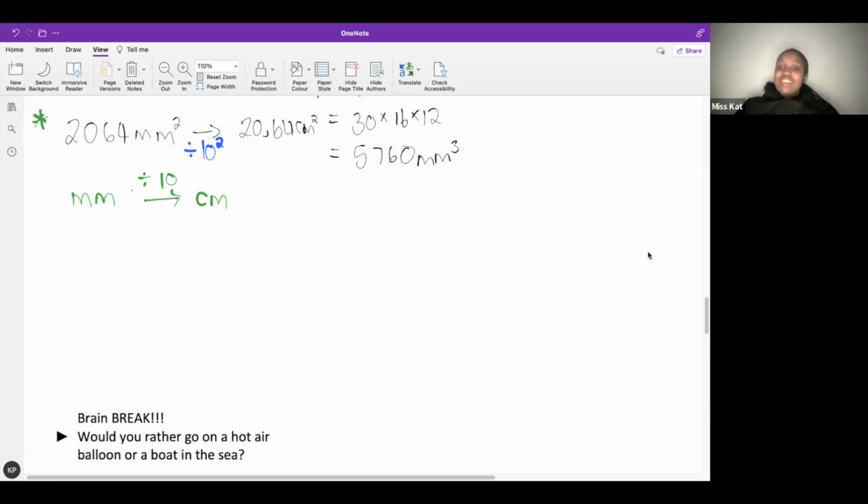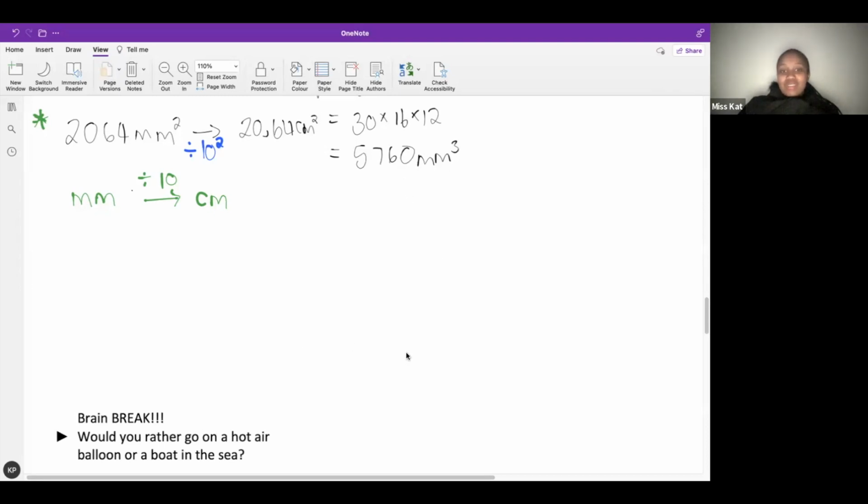Someone in the other class said, imagine you're in the sky in a basket. Only thing keeping that thing going is fire. Guys, it's too risky. I would also be on a boat. I'm sorry. I would choose a boat any day, guys. I don't care. I'm not going on a hot air balloon.